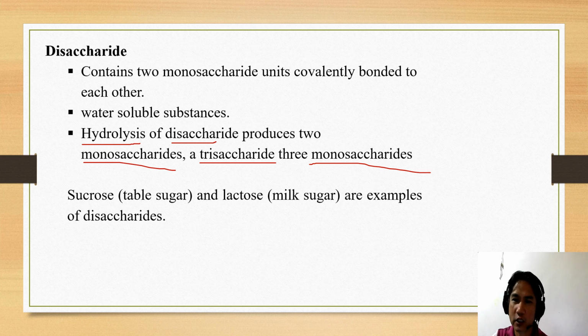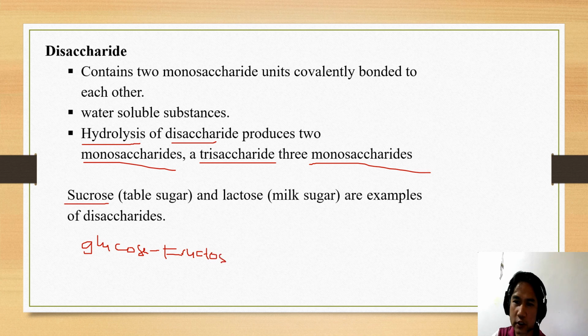So there are common examples of disaccharides. Example, your table sugar, which is chemically known as sucrose. Sucrose contains glucose, and this is connected to fructose.